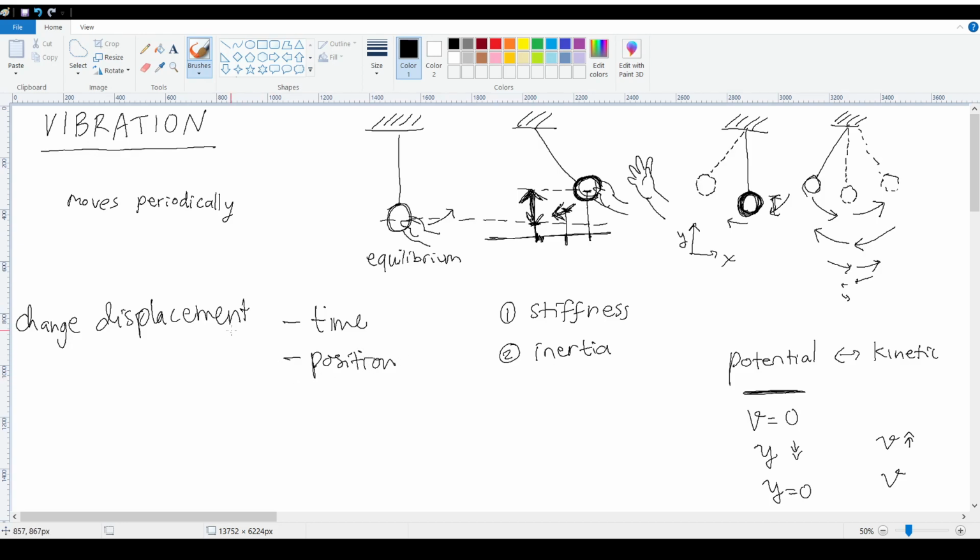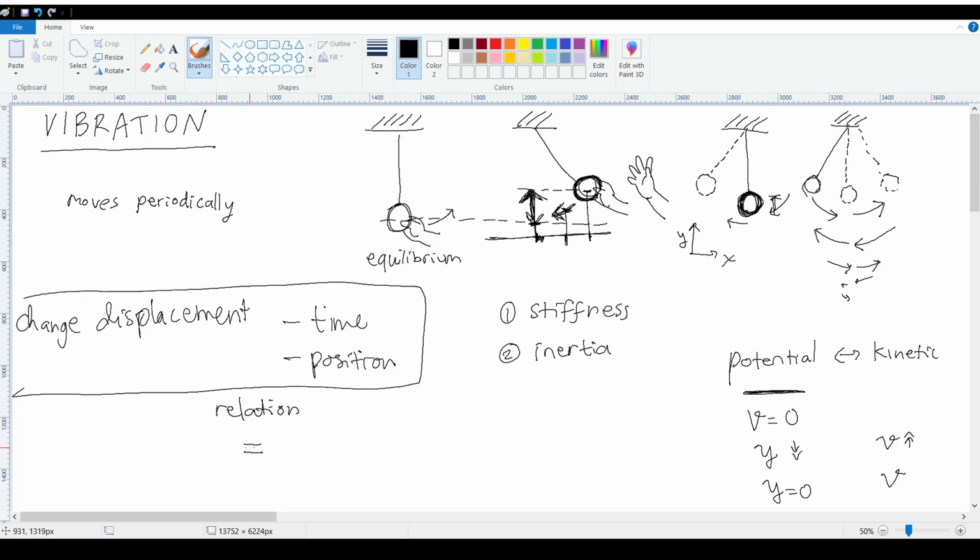So we can make a mathematical model that shows the relation. Usually, of course, we can make an equal symbol between the change of displacement with respect to time and the change of displacement with respect to position.